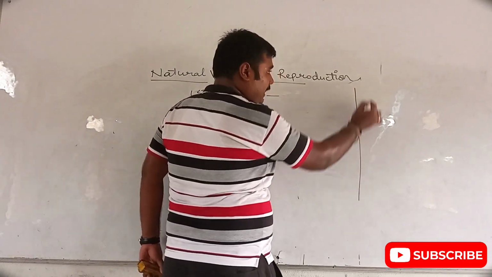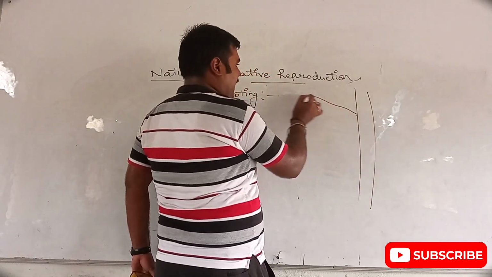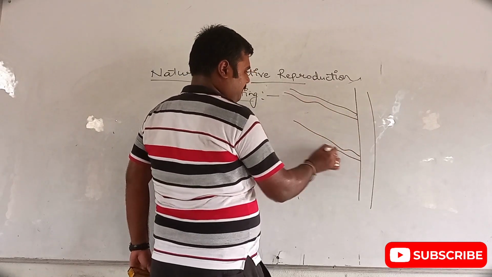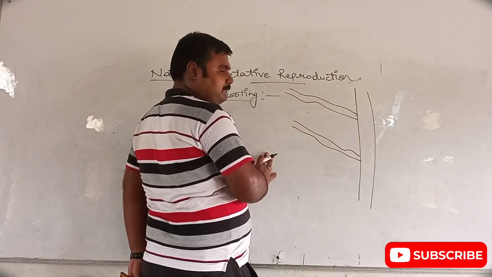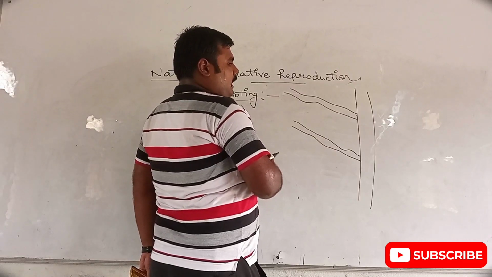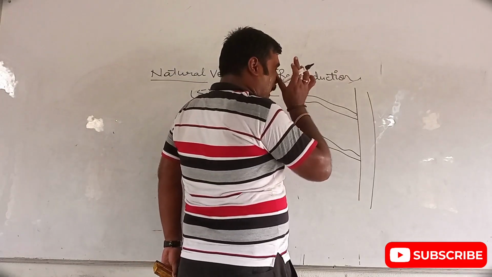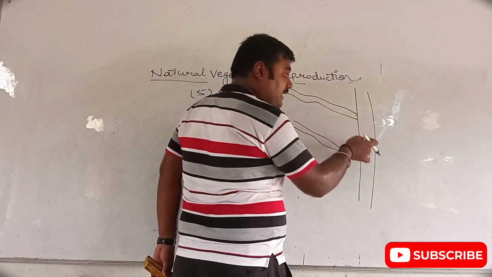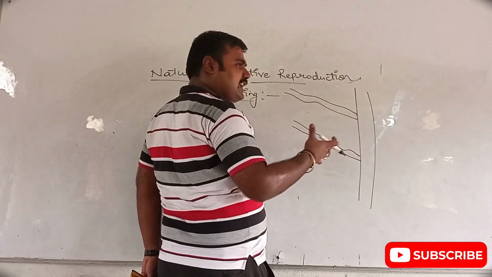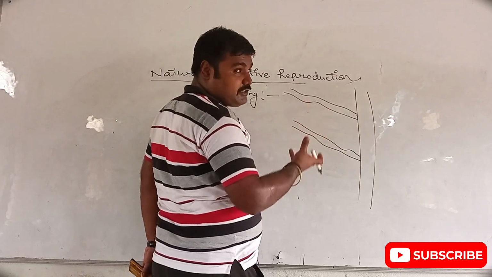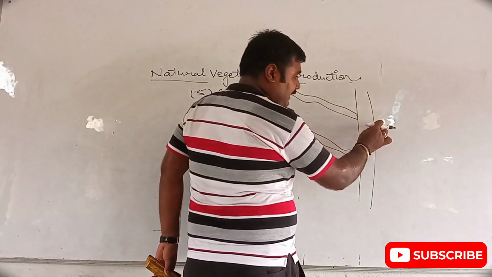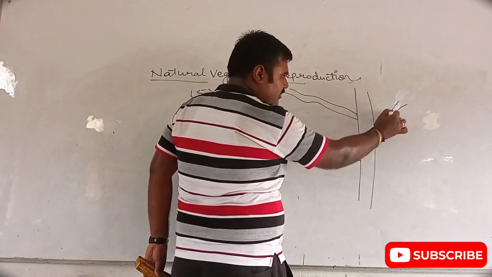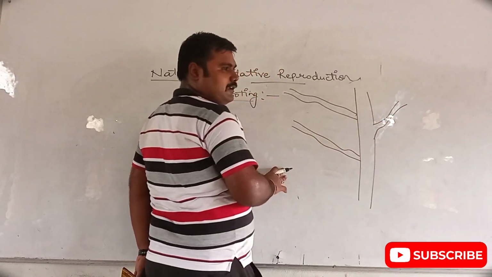Suppose a complete plant is present and different branches are present in the plant. If an extra branch is to be attached on the plant, as in grafting, an arc is made and later on an extra branch is added to it.